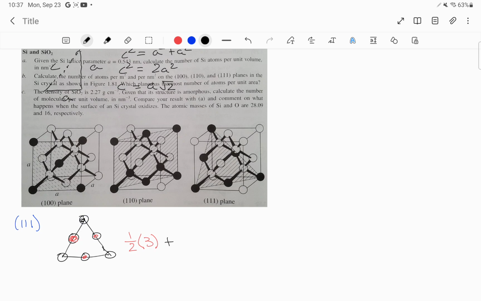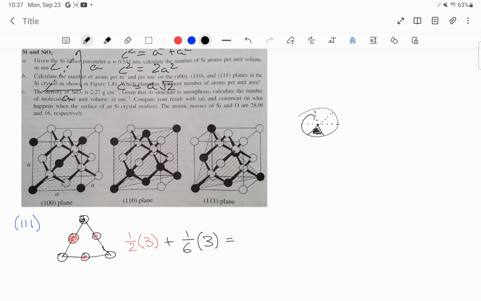Plus, these ones right here, you can think of it as being cut off like a pie. So this slice that the triangular plane is cutting is going to be 1/6 of the 3 atoms.